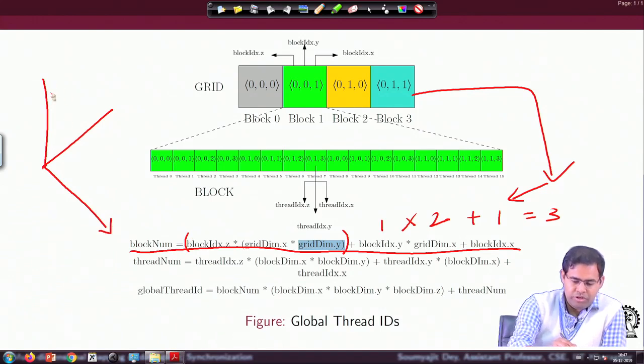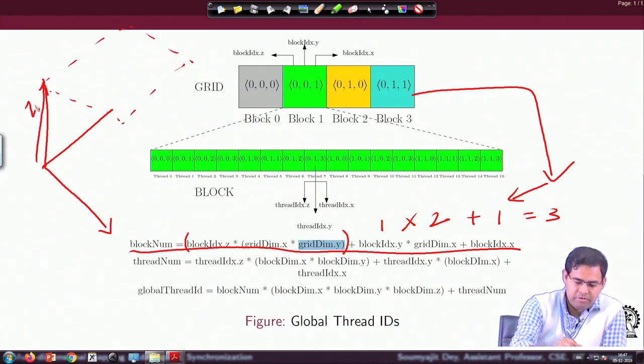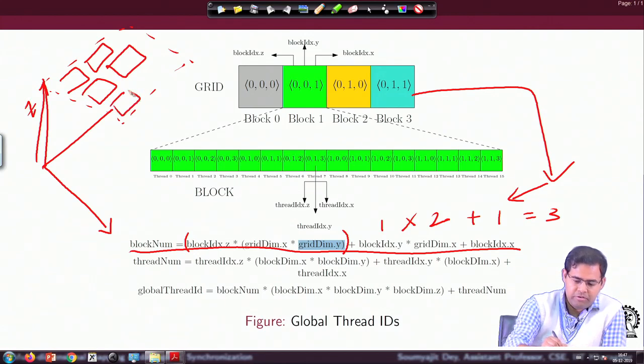Then you would really be counting the first collection of blocks in the z dimension. You will have some number of blocks in the z dimension, and suppose in the z dimension you are sitting at position 2, that would mean you have already come across 0, 1 and 2 layers of blocks.